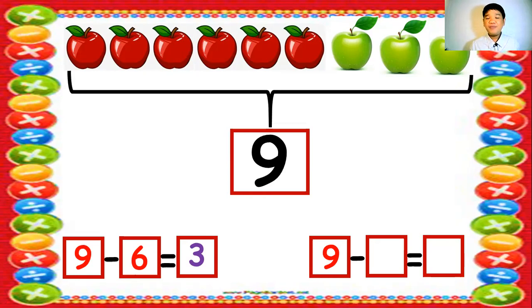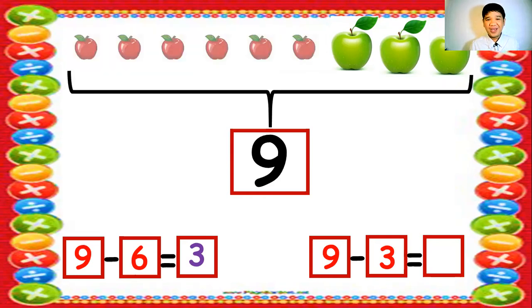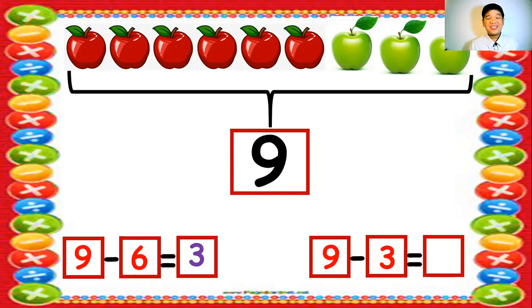So 9 minus 3, and that is equals to, how many red apples do we have? Very good. So we have 6 red apples. 9 minus 3 is equals to 6.